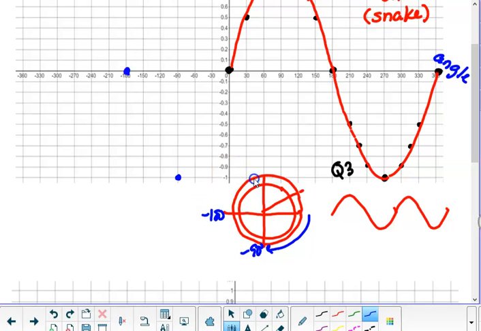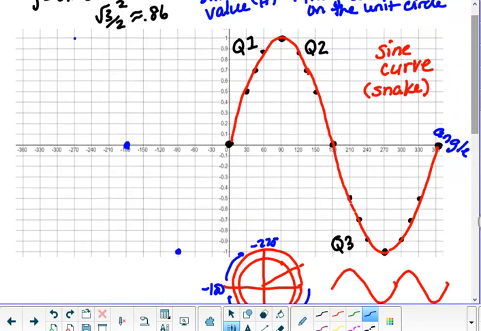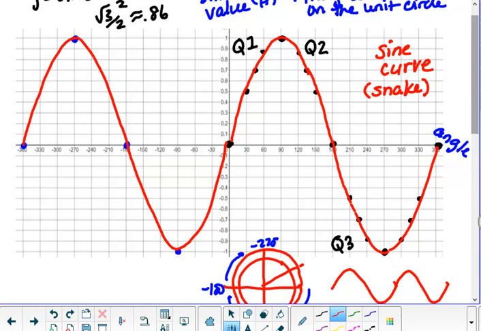If I keep going to negative 270, that's the same as positive 90. At positive 90, sine is 1. So we're going to have the same sine value. And then back down to 0 at negative 360. So this curve is going to continue forever in both directions, repeating itself every 360 degrees.